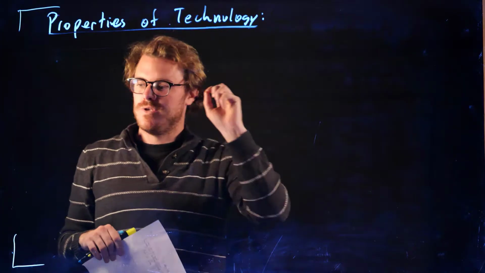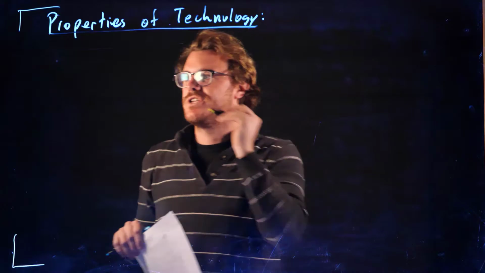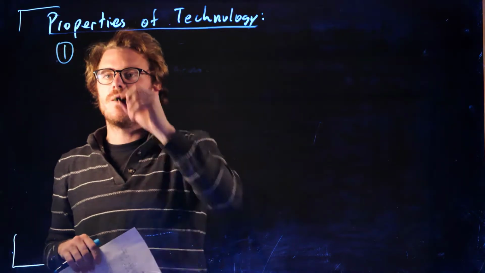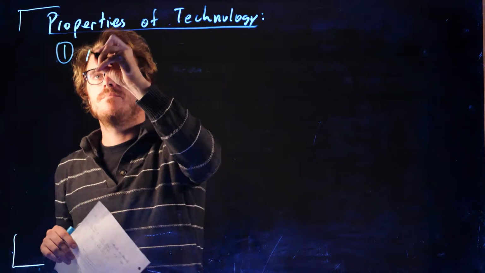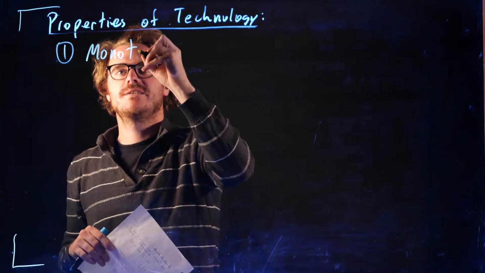Let's discuss a few different properties of technology. In particular, we're going to discuss two different properties. The first one is going to be monotonic, or monotonicity.